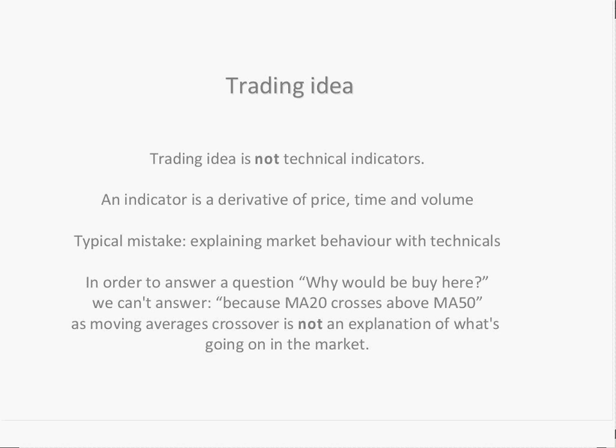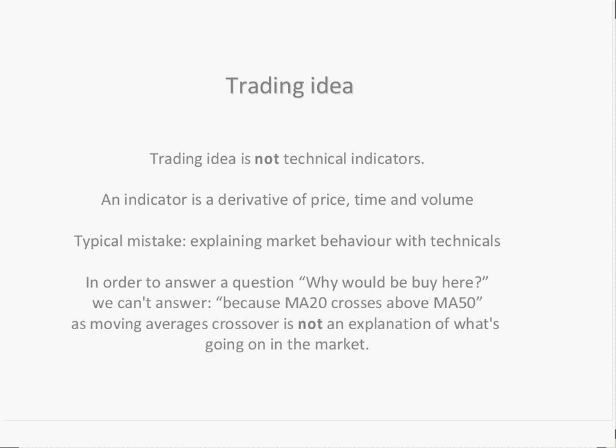But if we try to understand the real process behind the movement, we cannot use such an explanation because this is not an explanation. This is simply a simplified view of the time series. For this example, we can answer because a fast moving average crosses above a slow moving average, but a moving average crossover is not an explanation of anything.